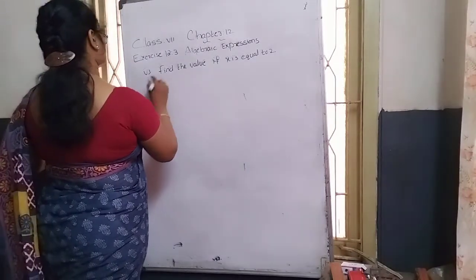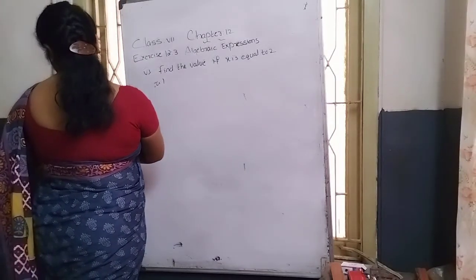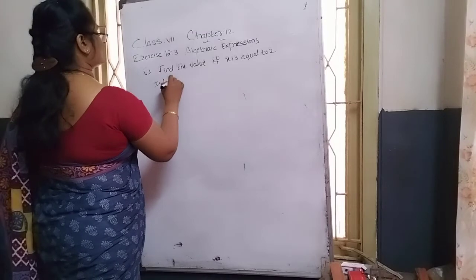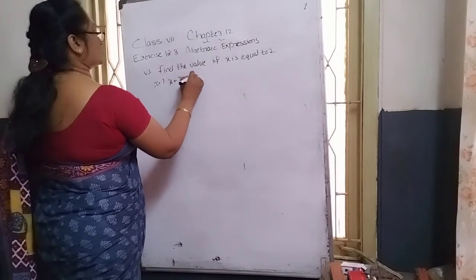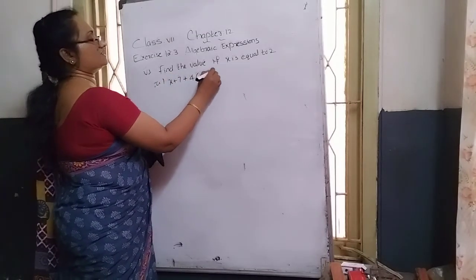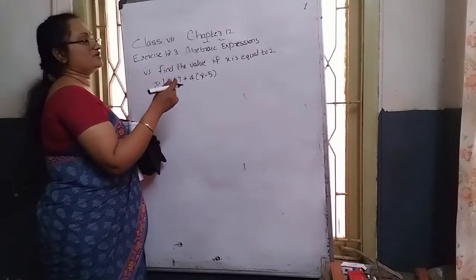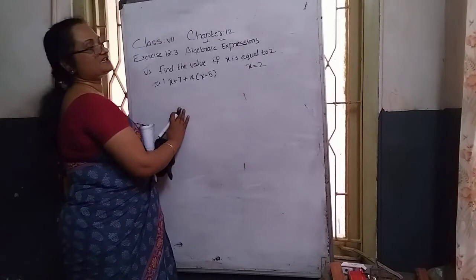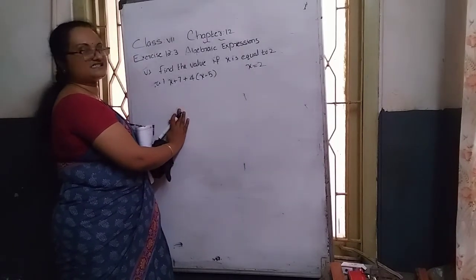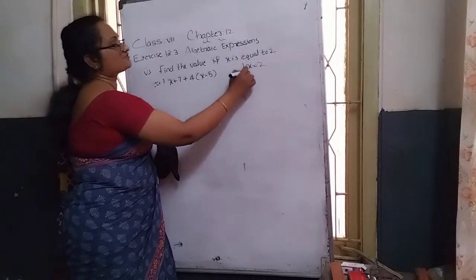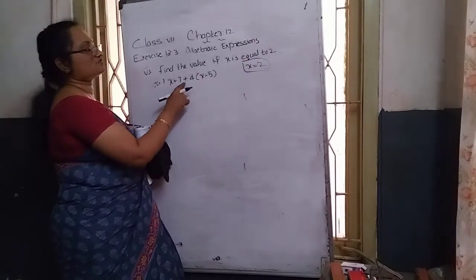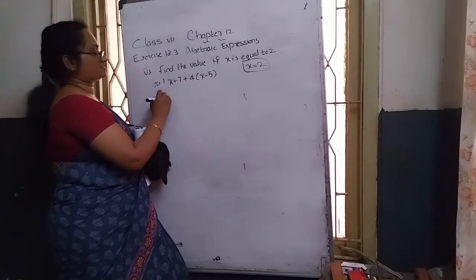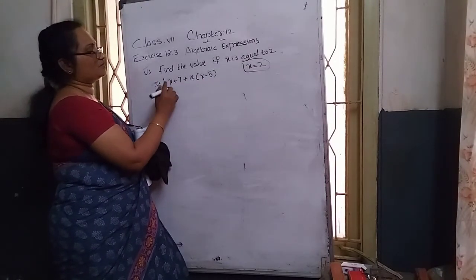So the first question, A question, they given as x plus 7 plus 4 into x minus 5. Actually the meaning is in which way? X is equal to 2. That means where our x place, which value substitute? 2 substitute.